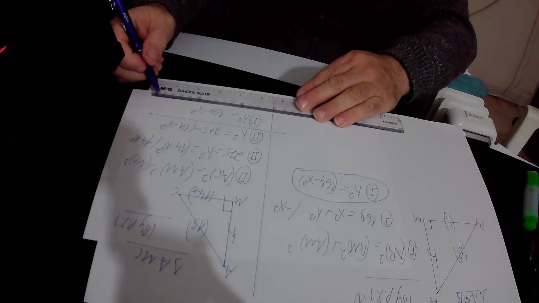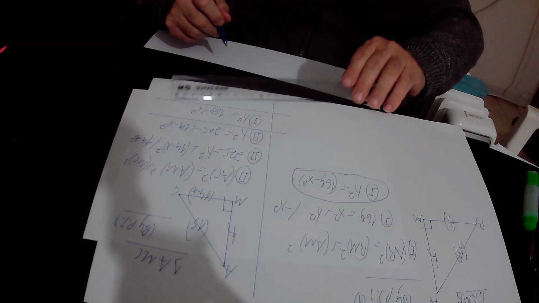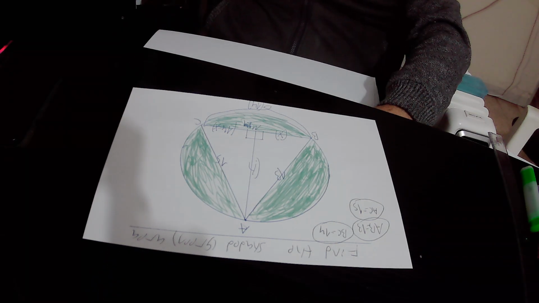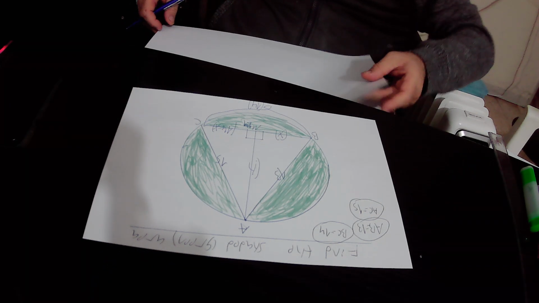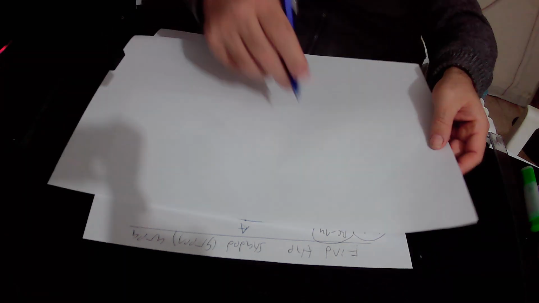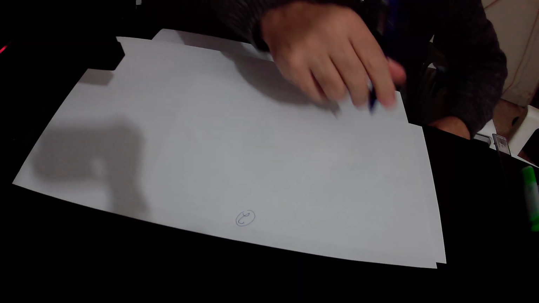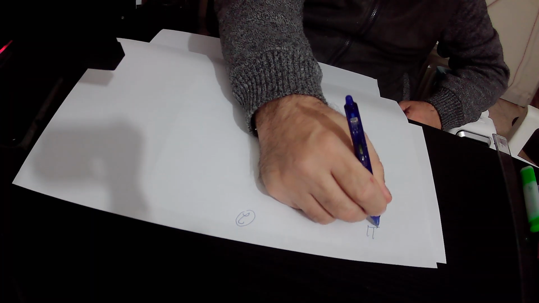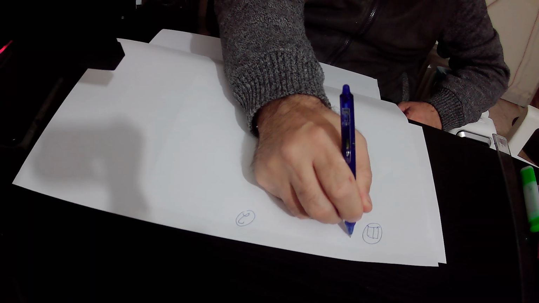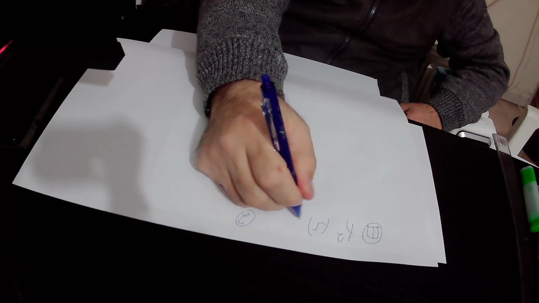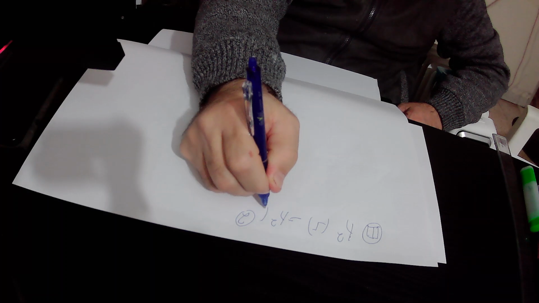In the next step, we'll create equation number 3. Equation number 3 states that H squared according to equation number 1 must be equal to H squared according to equation number 2.